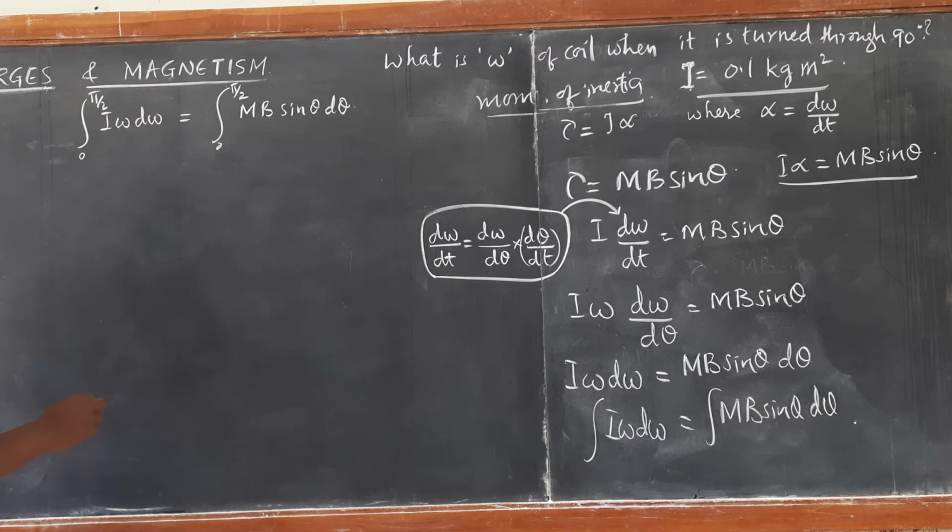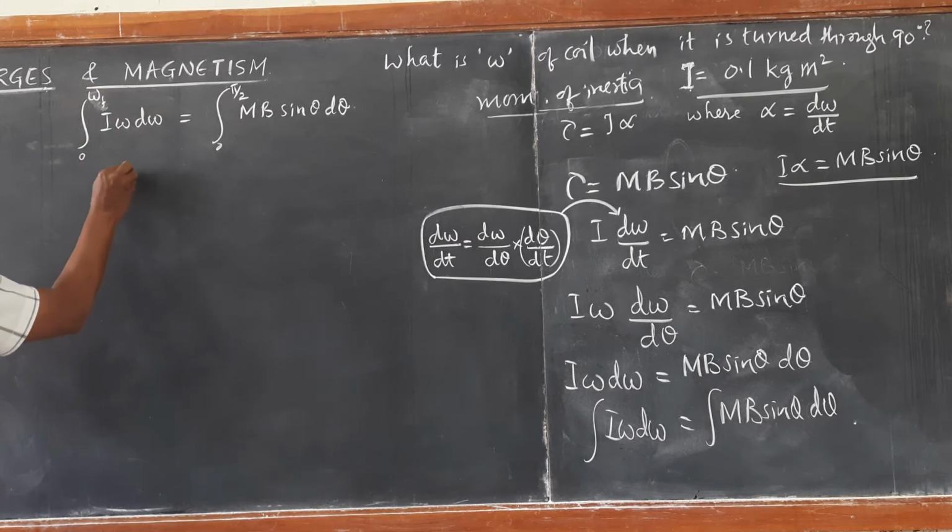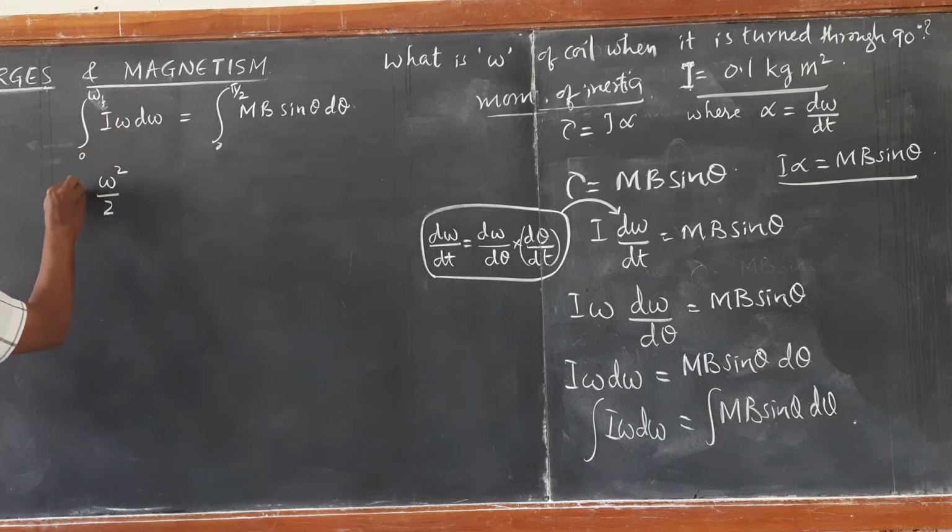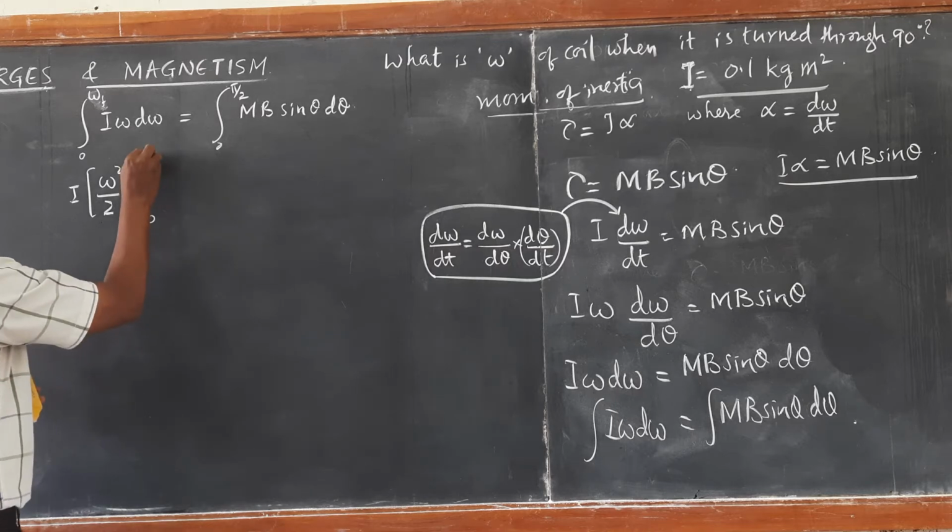So on the left we have 0 to omega f. This will be I omega square by 2 between 0 and omega f.